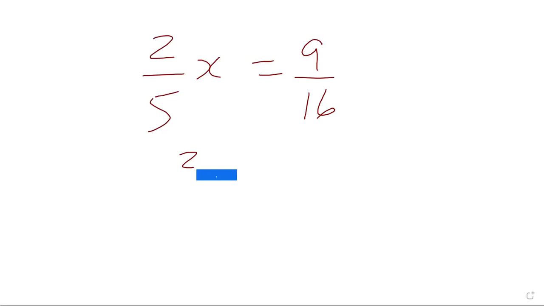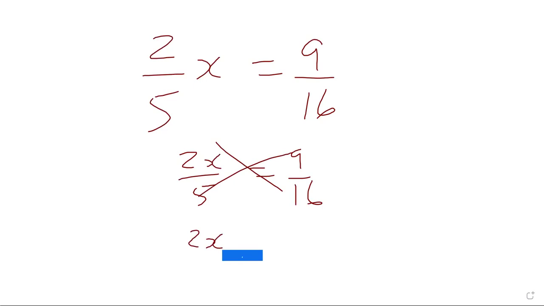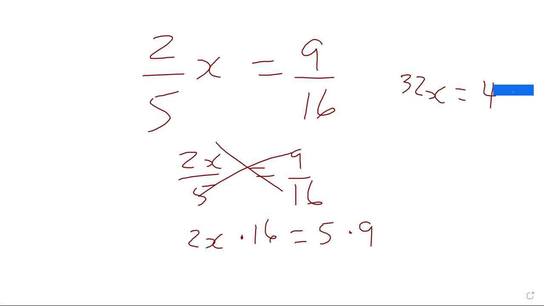So 2x over 5 equals 9 over 16. You cross multiply. We've got 2x times 16 equals 5 times 9. 2x times 16 is 32x, and 5 times 9 is 45. So 32x equals 45.